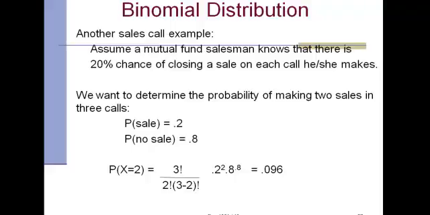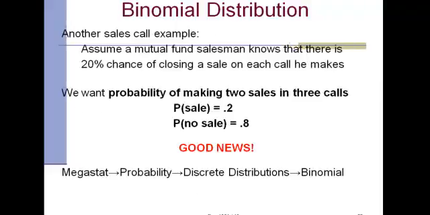Probability of sale is 0.2. The probability of no sale is 0.8. If we use the formula, we would get the probability of X equal to 2, and it comes out to be 0.096, or there's about a 9.6% chance of making 2 sales in 3 calls.